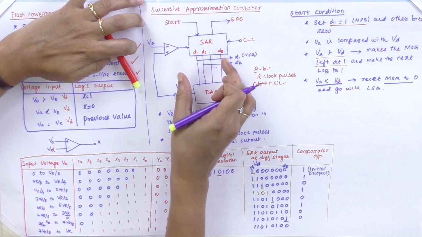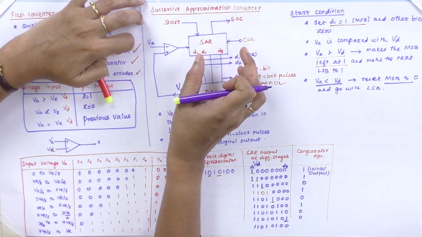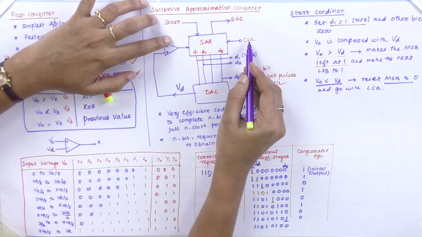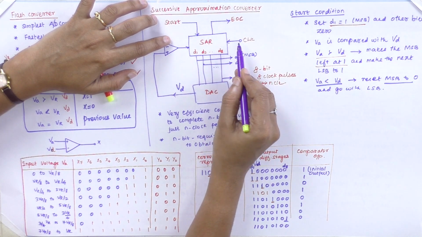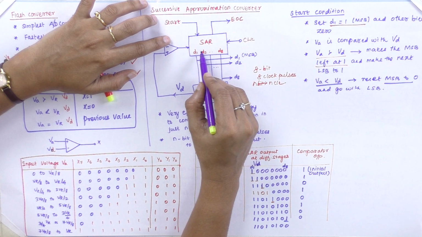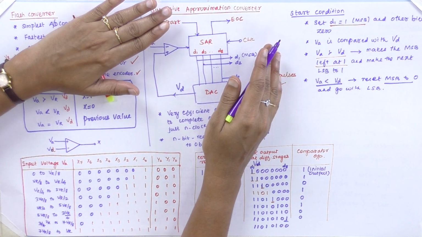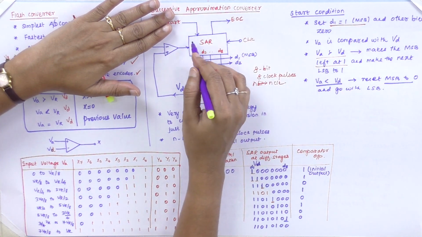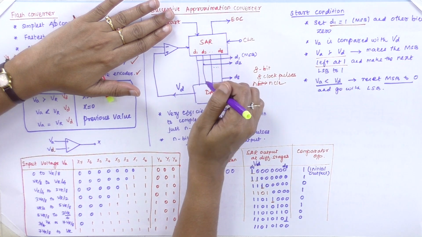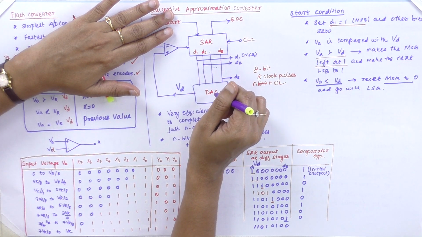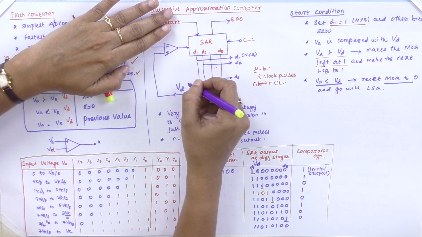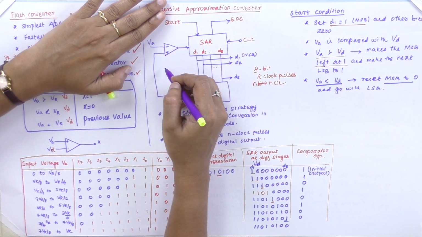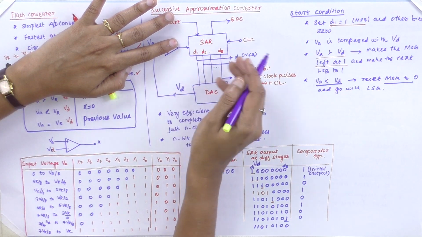So, you have an SAR register, the successive approximation register. The successive approximation register will work based on your clock pulse. As many input bits are used, that many clock pulses are to be applied, and these digital signals are to be passed towards the digital to analog converter. So, that output voltage VD is compared with VA and given to the register.